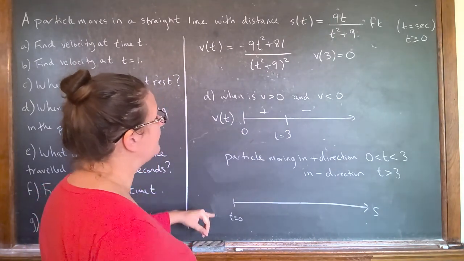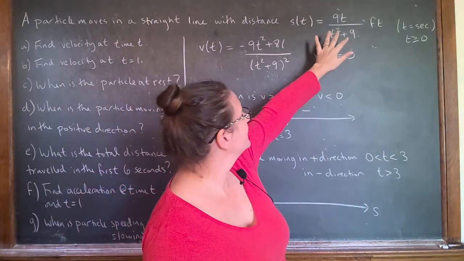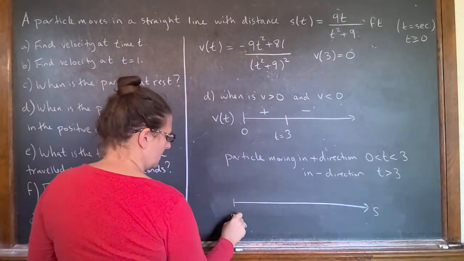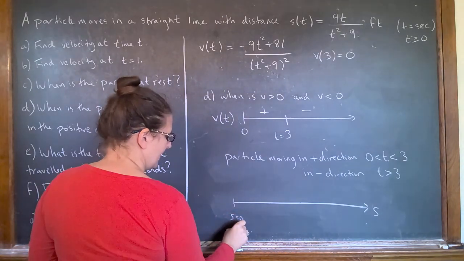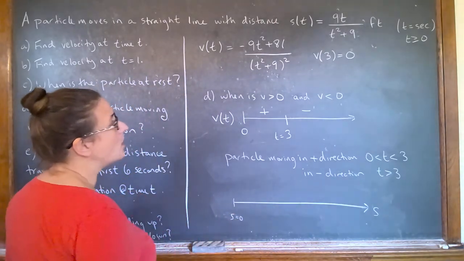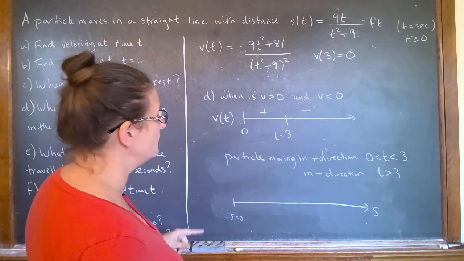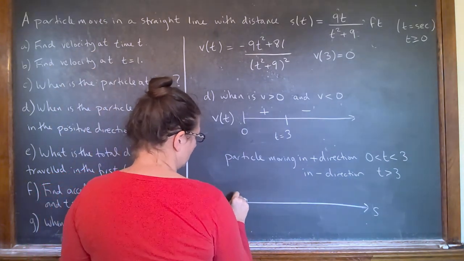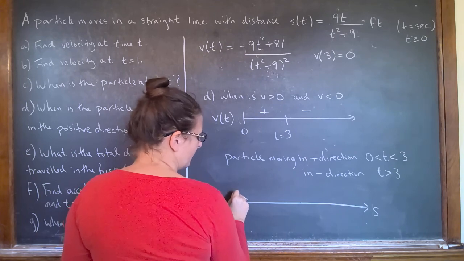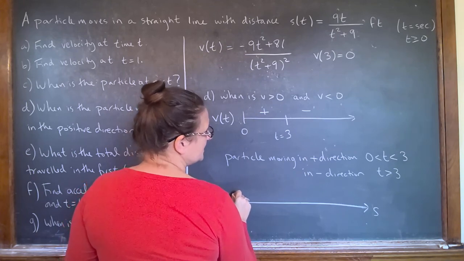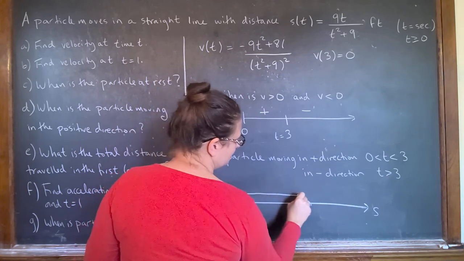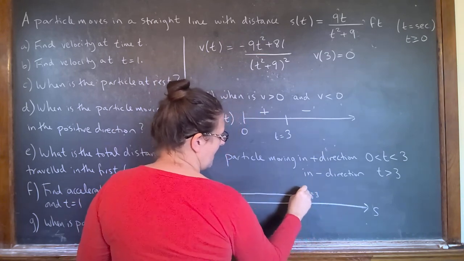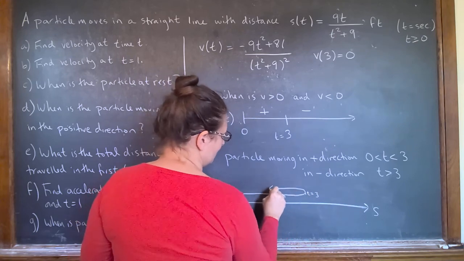At the beginning, I'm at s equals 0. So let's just do s equals 0 here. And as time moves on, I know I'm moving in the positive direction. So for the first 3 seconds, I'm moving in the positive direction, right? And then at t equals 3, I'm now moving in the negative direction.